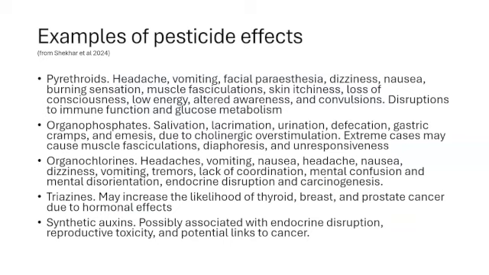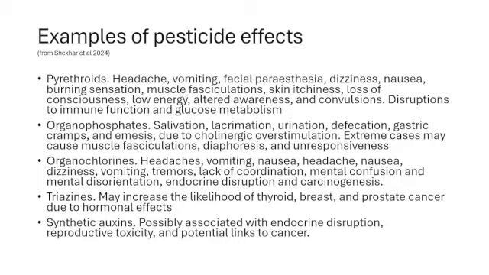So, unsurprisingly, you see symptoms like vomiting, nausea, that kind of thing. It's the sort of thing the body does when it's been poisoned with anything, never mind pesticides. So, pyrethroids have been associated with headache, vomiting, facial paresthesia.